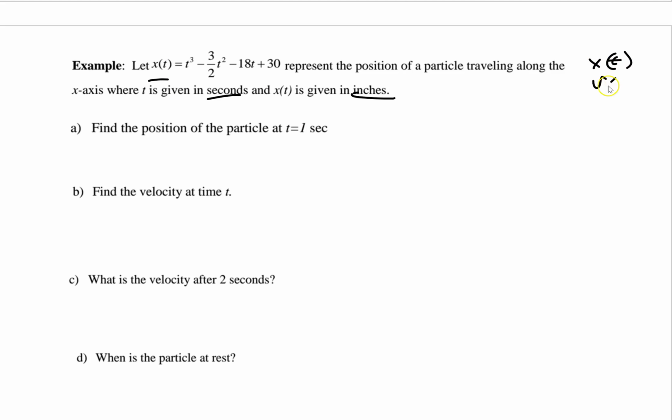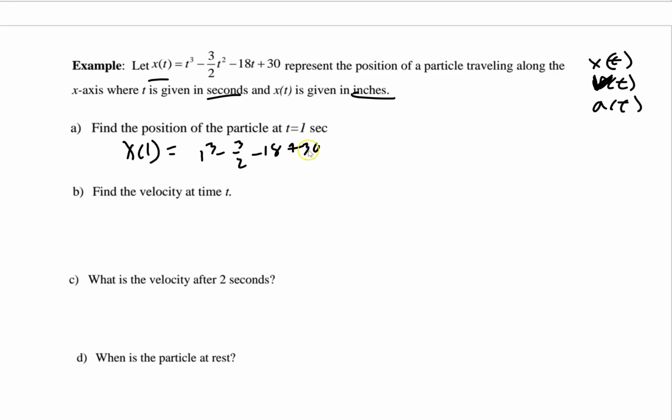Take the derivative of that for velocity, and the derivative again for acceleration. So if I put this particle at t equals 1 second, plug in 1 for our function. So 1 cubed minus 3/2 minus 18 plus 30.